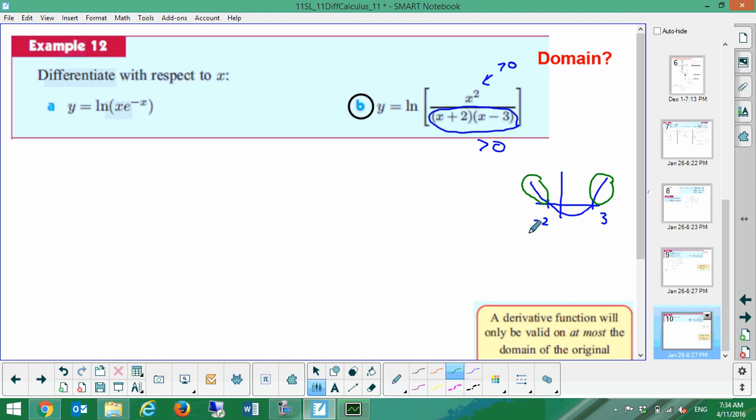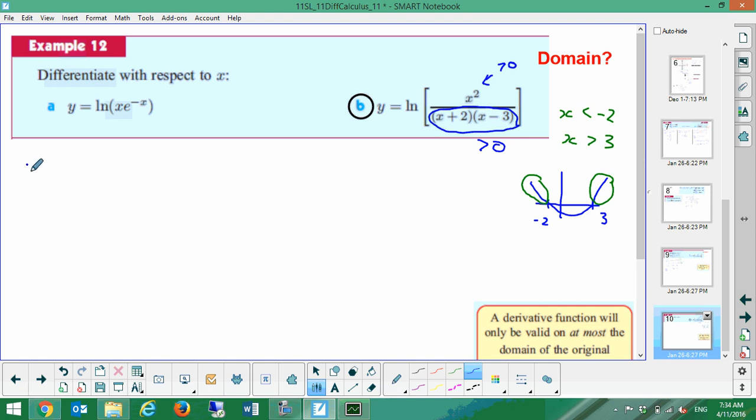So that means our domain is going to be x is less than -2. It cannot equal it, because then we'll have zeros and we don't want to divide by 0. And we have x is greater than 3. So do start to think about your domains with these. All right, so that looks really complicated.